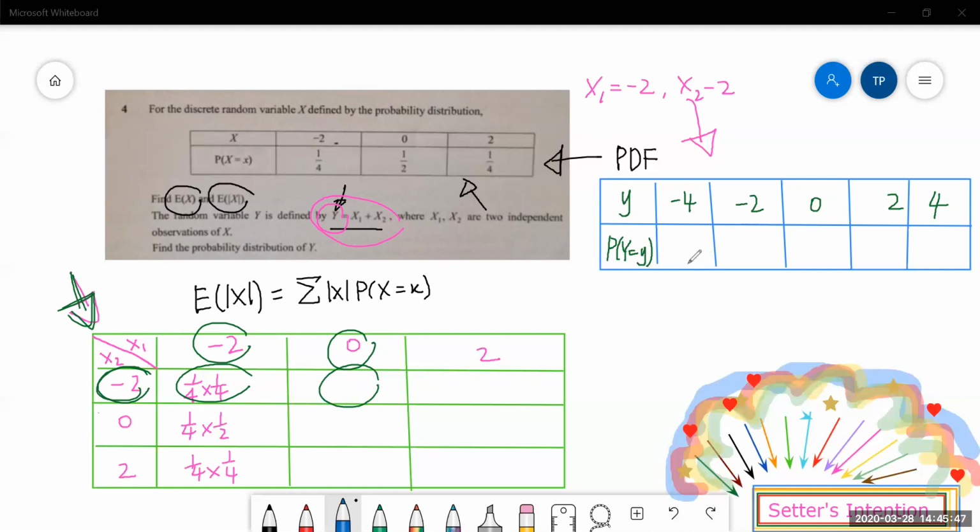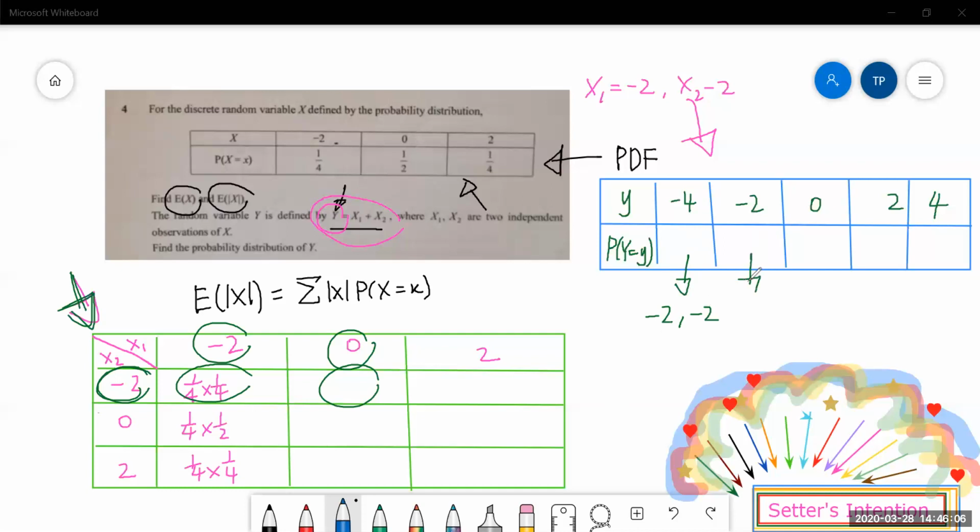Okay, let's take a look at this. How do we get -4? It's when x1 is -2 and x2 is -2, right? There's only one probability here.